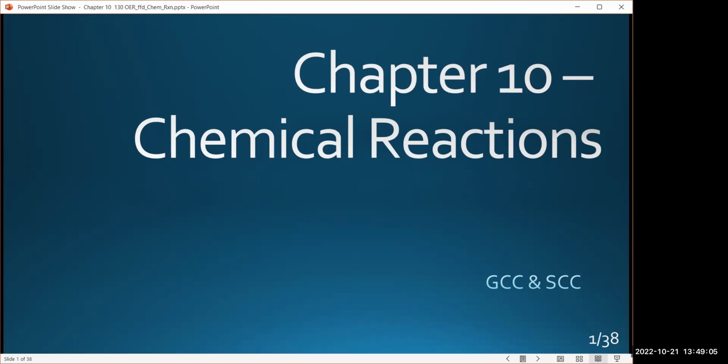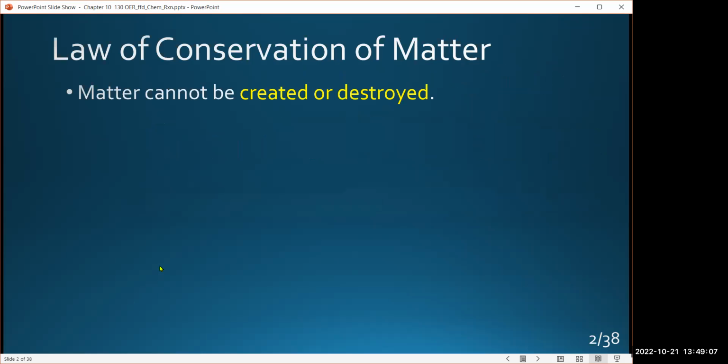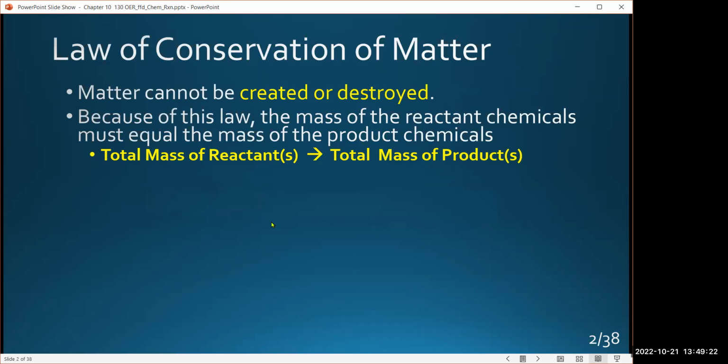One of the aspects of reactions is that we have to follow the law of conservation of matter: matter is neither created nor destroyed, it just moves from one form to another. That means if you do a reaction and you know the total mass of all your reactants, then after the reaction is done, you should end up with the same mass as products.